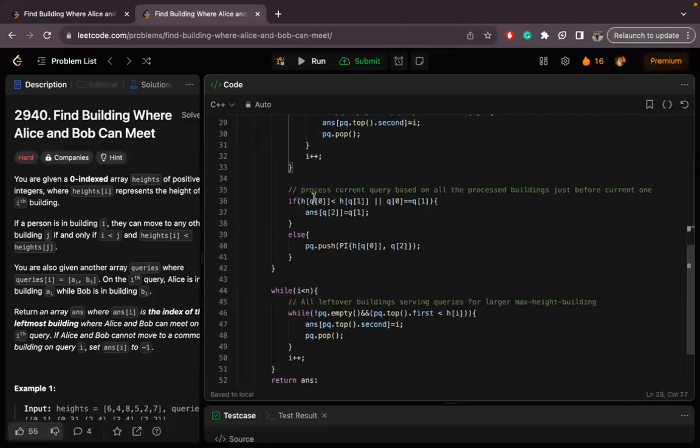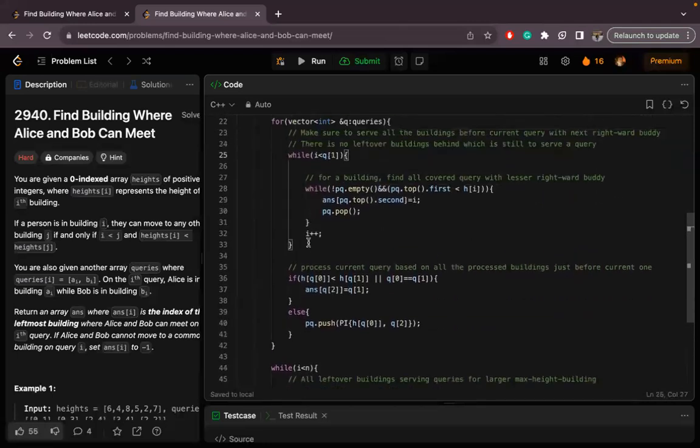But then we are obviously taking our current query only into the priority queue, and we are having the maximum height, right? Maximum height is obviously of Alice. Why? Because if it has to be Bob, then it's already a corner case, right?